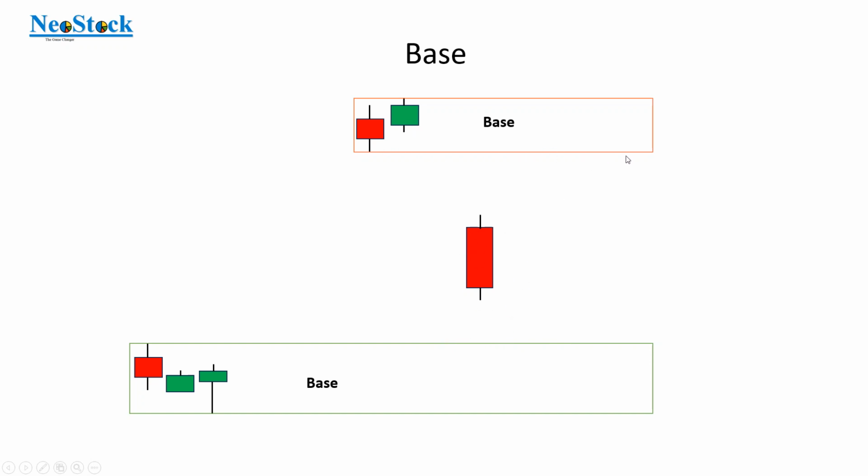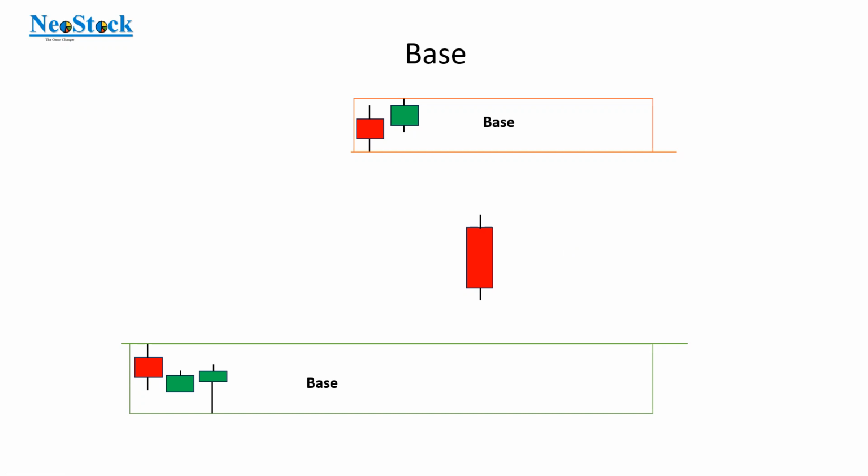This line is the nearest to the candle. Similarly, here also this line is the nearest to the candle. So let me show you both the lines. So this is the nearest line, and here this is the nearest line.